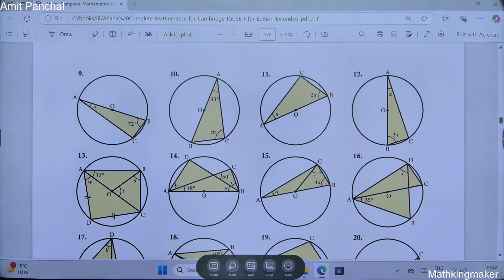Now do this question. Now this time it is diameter. Is it 18, sir? Yeah, 18 degrees, right? Answer this question.